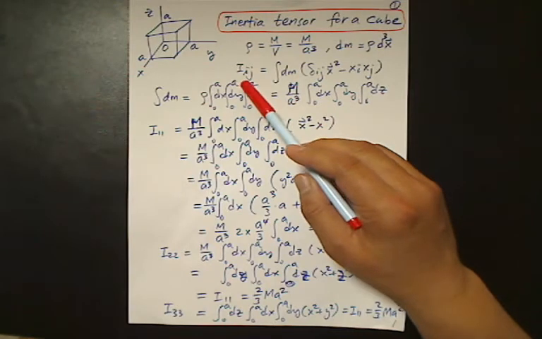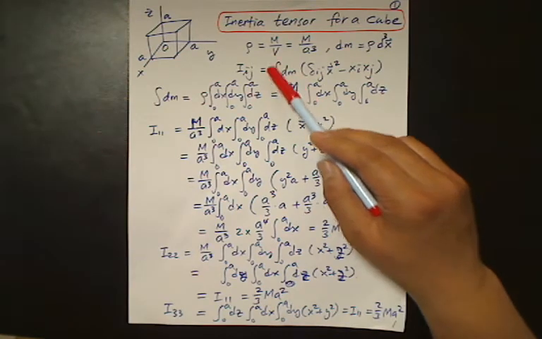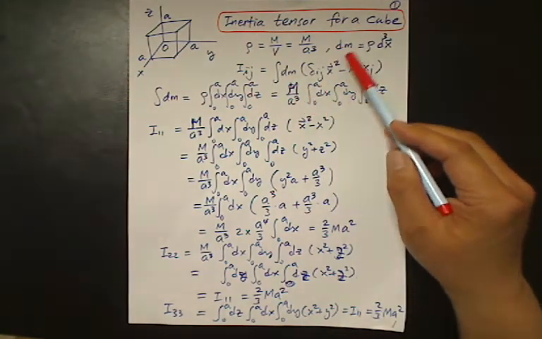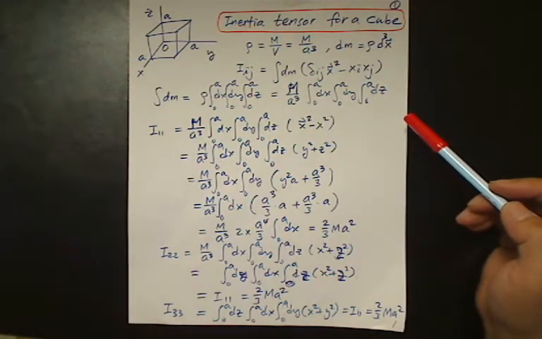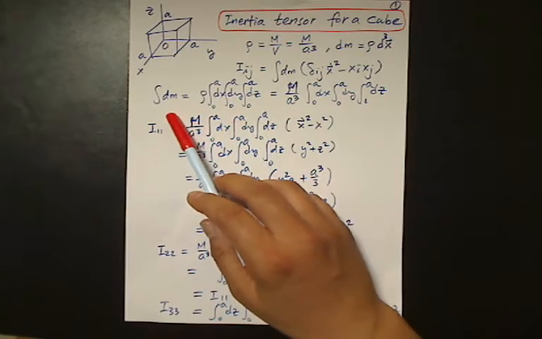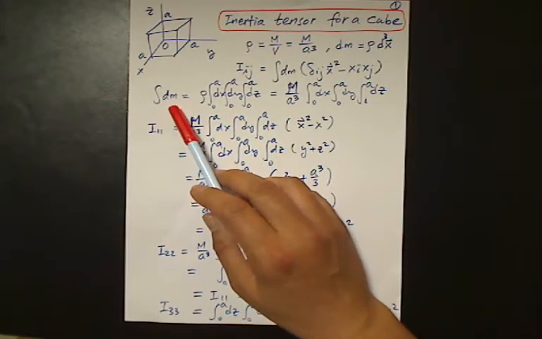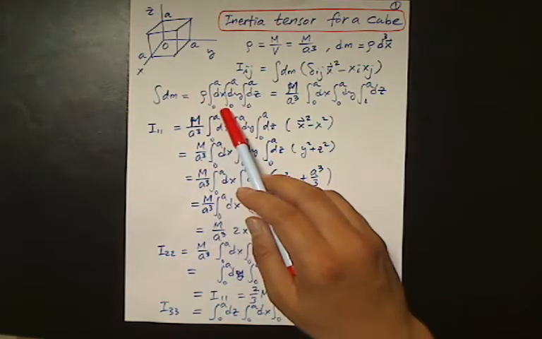The ij element of the inertia tensor can be computed by integrating over the volume with the density multiplied by this tensor structure. We can check that the mass of the cube can be reproduced by computing this one.